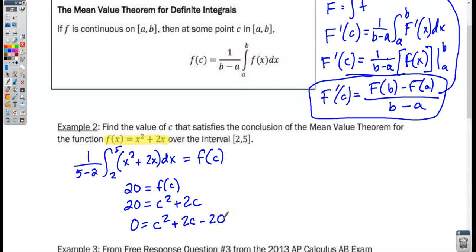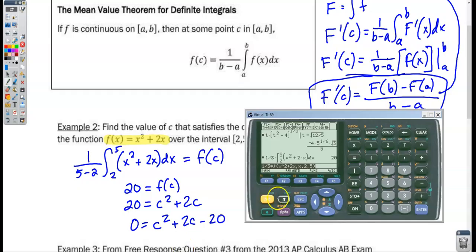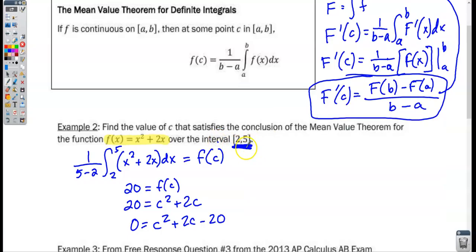I don't think I can factor it, so I'm going to go ahead and solve this using my calculator. So I'll go ahead and graph this function, x squared plus 2x minus 20. And I'm looking for something that satisfies the mean value theorem. Well, the mean value theorem was talking about the interval from 2 to 5.